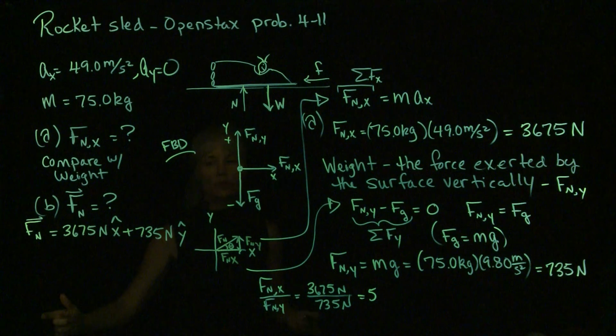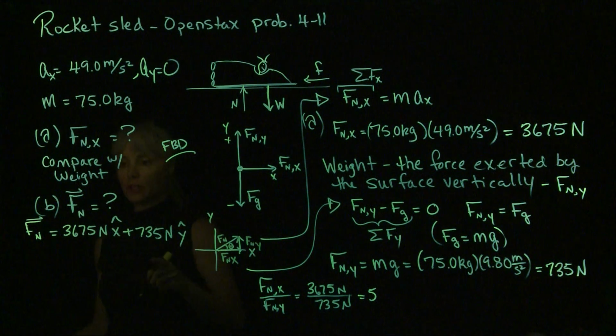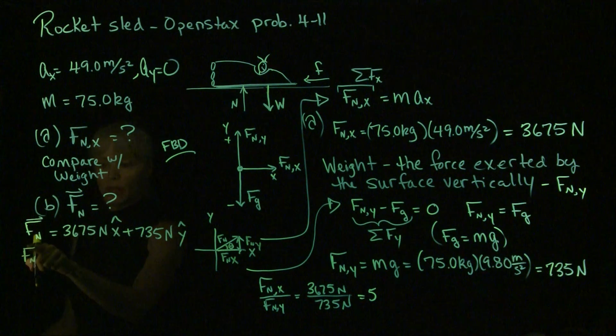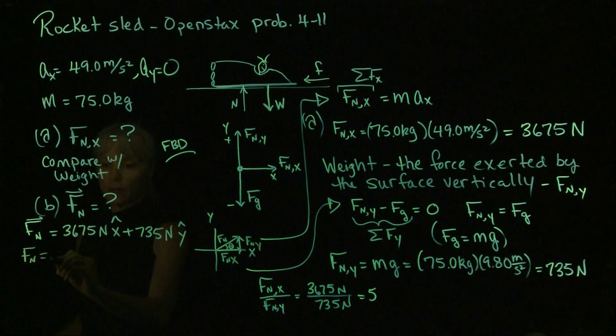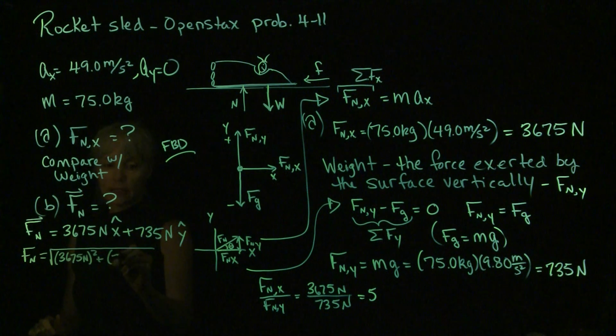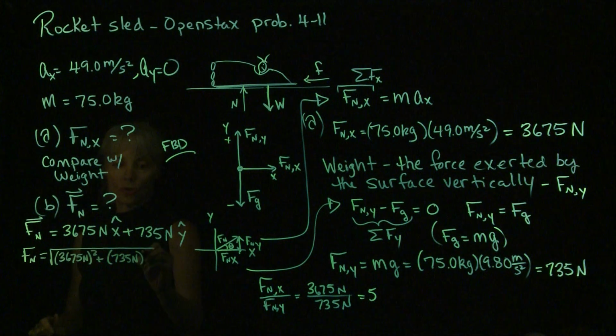Okay, so we're going to use the Pythagorean theorem to figure out the total magnitude of the normal force. So I'm not going to put an arrow on top. That means now I'm just talking about the magnitude. So it's going to be the square root of 3675 newtons squared plus 735 newtons squared.